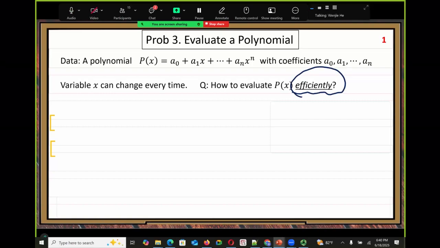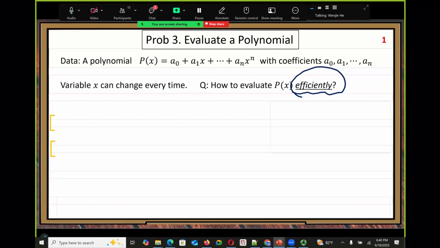So here, the important thing is efficiently. Because everyone knows how to evaluate this polynomial. If I ask you to write a program to find the value of this polynomial, it's very easy, right?